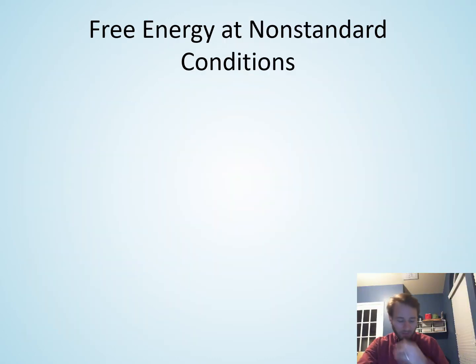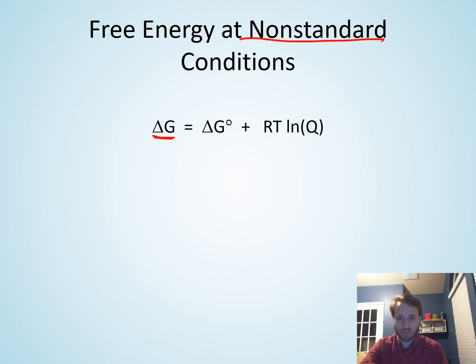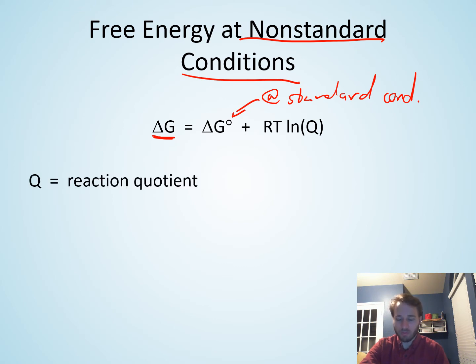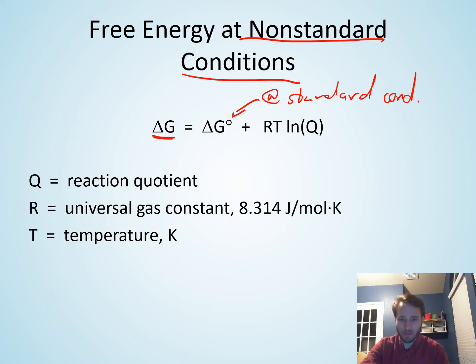So how do we relate free energy change, equilibrium, and when you're not at equilibrium? This relationship tells us the free energy change not at standard conditions. Delta G naught is your free energy change at standard conditions, plus RT times the natural log of Q, where Q is your reaction quotient, R is the ideal gas constant, and T is your temperature.